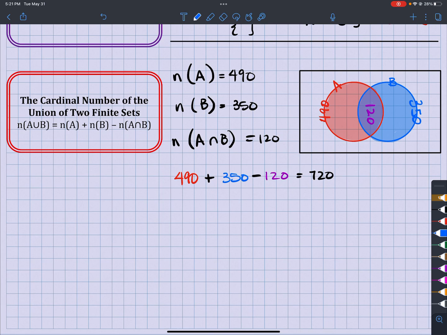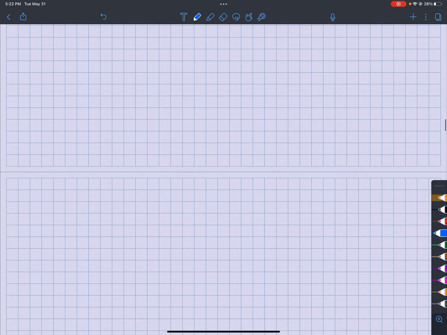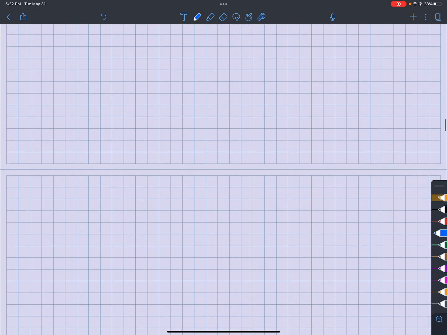So let's do some extra examples here. Okay? Let's not look at any of this. Let's just do some extra examples. Let's say that the universal set is equal to 1, 2, 3, 4, 5, 6, and 7.